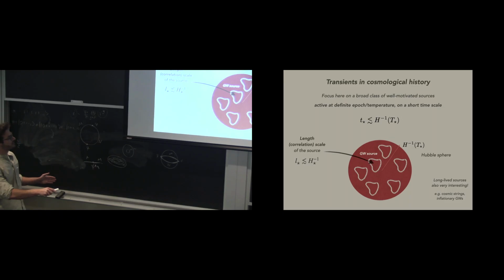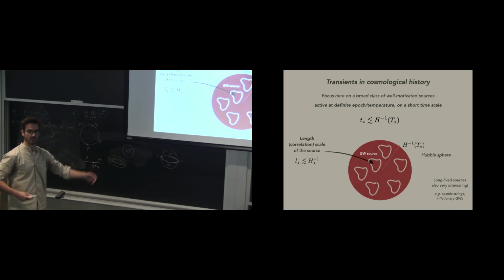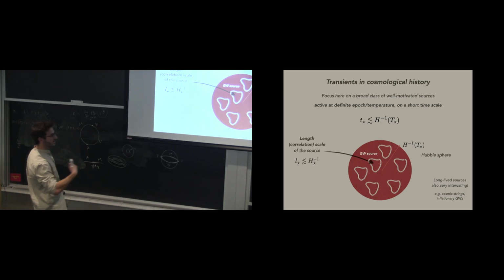The limiting case is the case in which the source fills up the whole Hubble patch, and that's when the correlation length is as large as the Hubble size itself. In particular, sources that do not fall into this category are typically called long-lived. They may have correlations that are beyond the Hubble patch, for example, inflationary gravitational waves. Cosmic strings also do not fit really into this picture because they're active for a very long epoch. They keep generating gravitational waves for a very long epoch, not at a definite temperature.